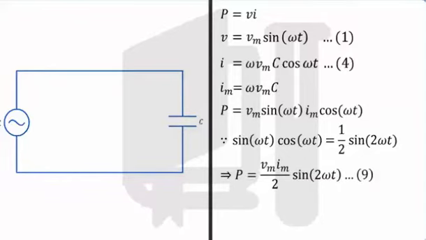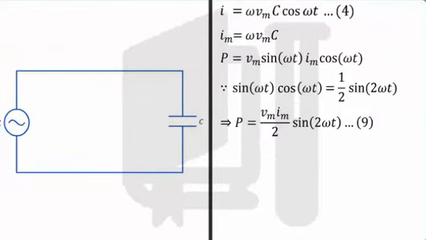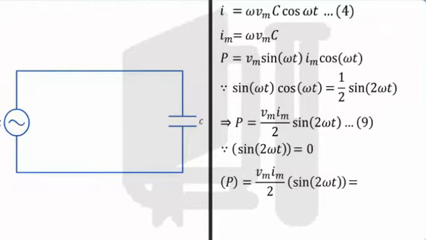This instantaneous power evaluates as a time-dependent harmonic function. As the average value of sin 2 omega t over one cycle of AC is equal to 0, the average of power P over one complete time period will be 0. Hence, power supplied to a capacitor on average in a circuit is 0.